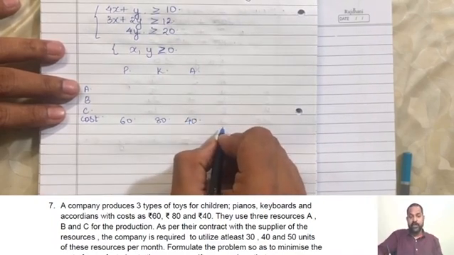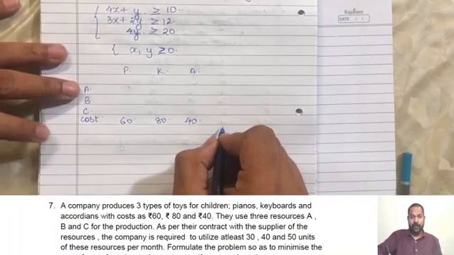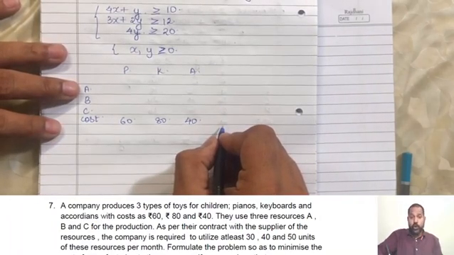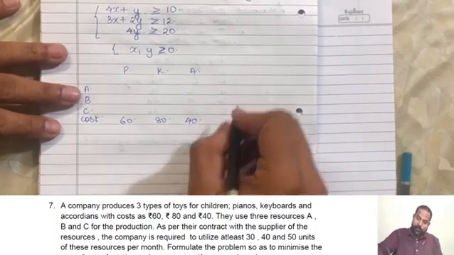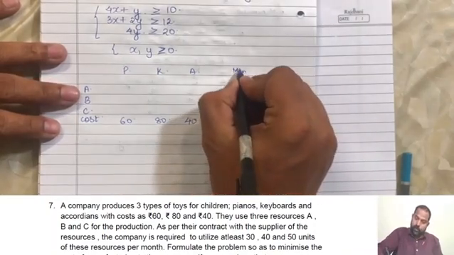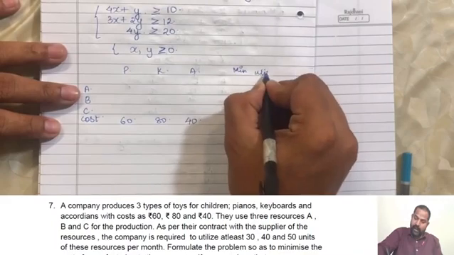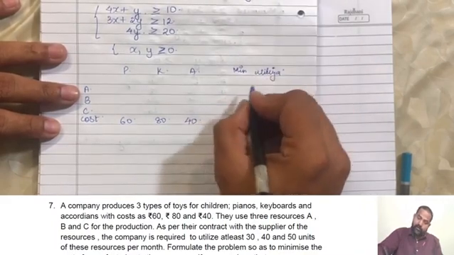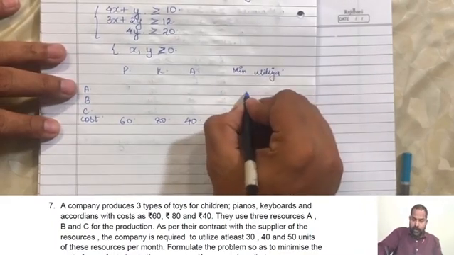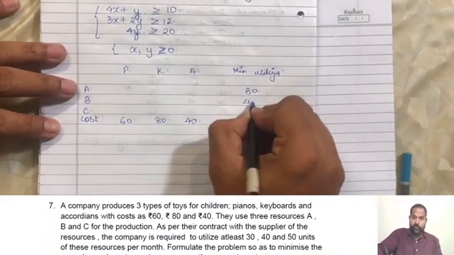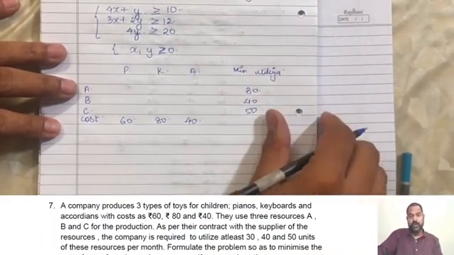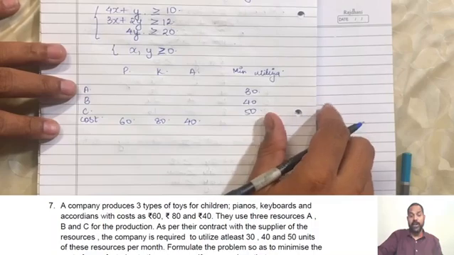They use 3 resources A, B and C for production as per their contract with the supplier. They have to utilize at least, so minimum utilization is 30 units of A, 40 units of B and 50 units of C. This much you have to utilize minimum.